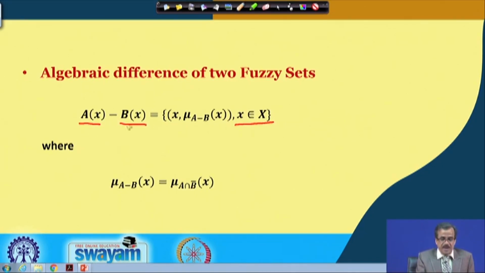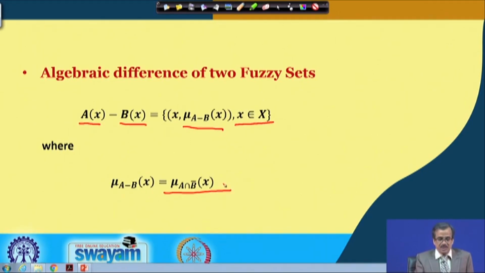Now, A(x) minus B(x) is the set of x with the membership function value mu A minus B of x. How do we define this mu A minus B of x? It is defined as mu of A intersection B bar of x.